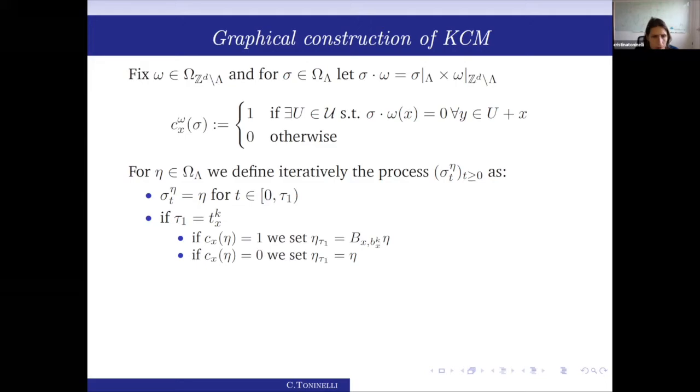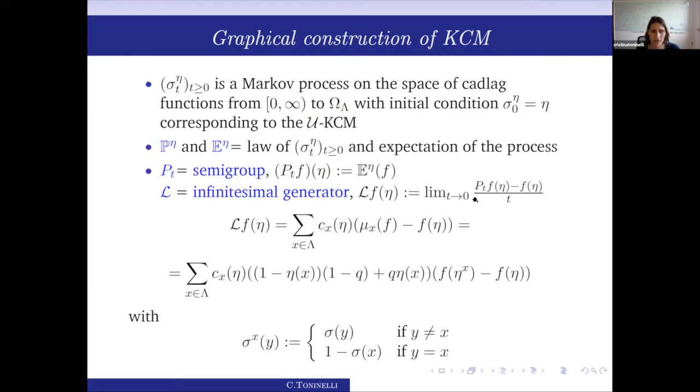So let's look at the generator and see whether you agree that this corresponds to the dynamics that I announced informally at the beginning. The action of the generator is the derivative at 0 of the action of the semigroup.